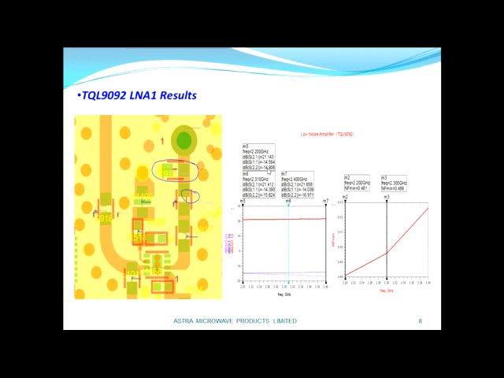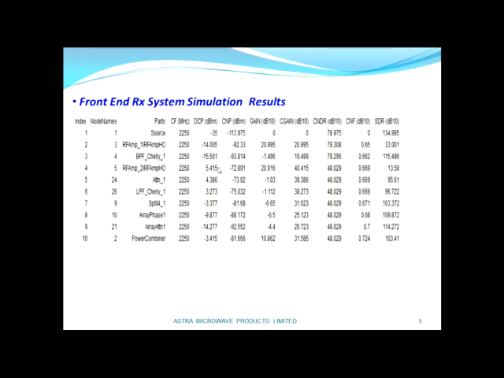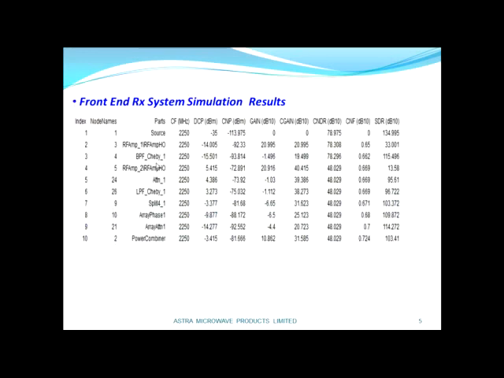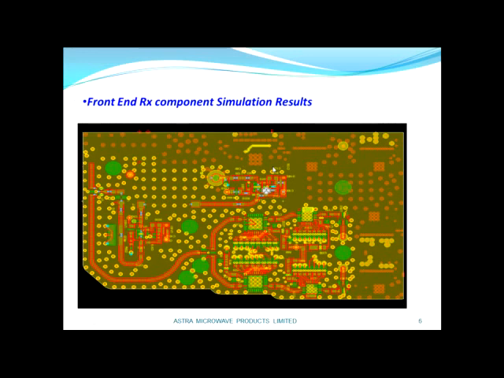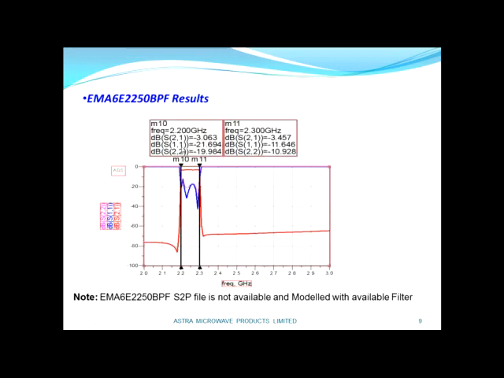This really meets our requirement, because in the requirement we considered a gain of 20 dB, but here we are getting 21. So overall it is meeting our requirement for the low noise amplifier.